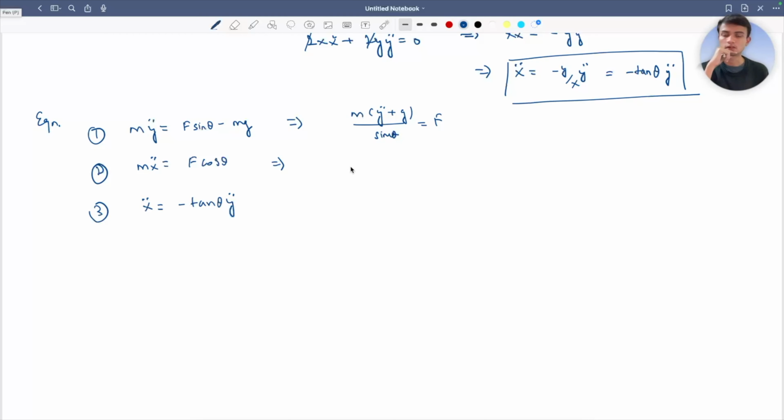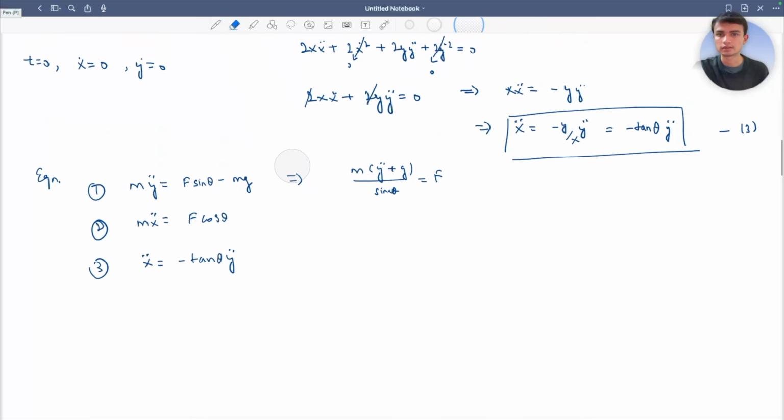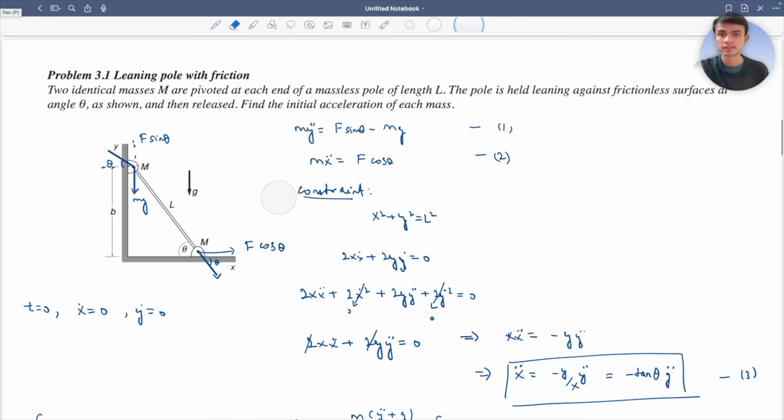And from here, oh, I made a mistake right out here. Sorry, I'm really sorry about this. I forgot to add friction. So this was F cos theta, and friction will oppose it in this direction. So this should be minus mu times mg.